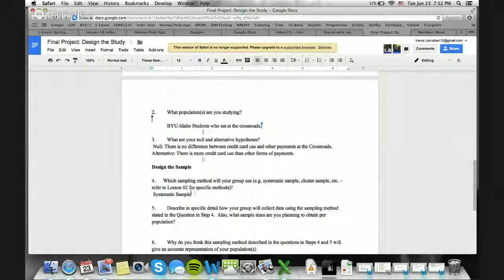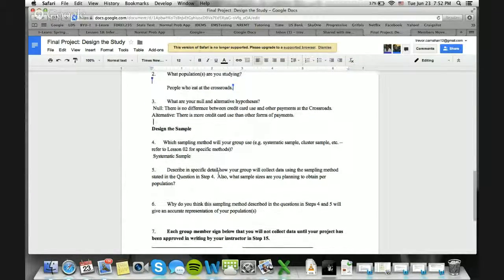Yeah, so they would be there, but shouldn't we try to focus on just the students? The only thing is, how are we going to know that they're students? If we don't say everyone, then we're going to have to ask every single person if they are a student. Otherwise, we won't know for sure. Versus if we just include everyone, we don't have to ask. Yeah. So people who eat at the Crossroads.